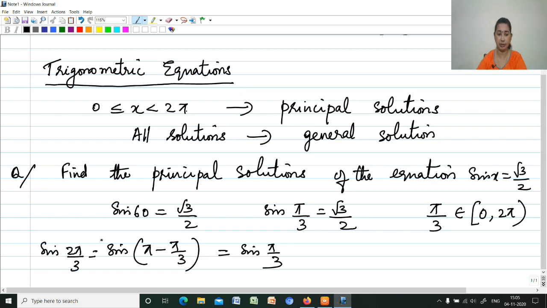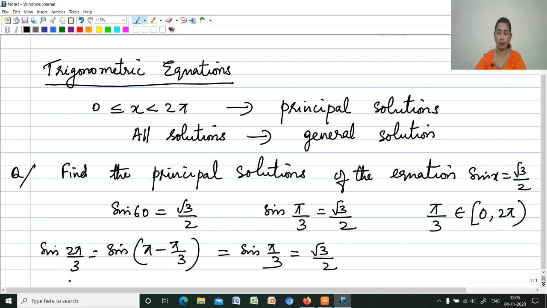Sine 2 pi by 3 can be written as sine of pi minus pi by 3, and sine of pi minus theta is the same as sine theta, or sine pi by 3. Sine pi by 3 is again root 3 by 2. So we can see that sine 2 pi by 3 and sine pi by 3 both have root 3 by 2 as the value, and pi by 3 and 2 pi by 3 are both in between 0 and 2 pi.